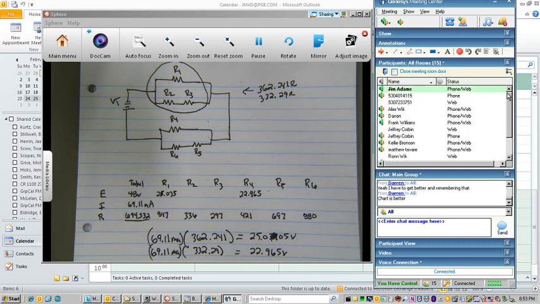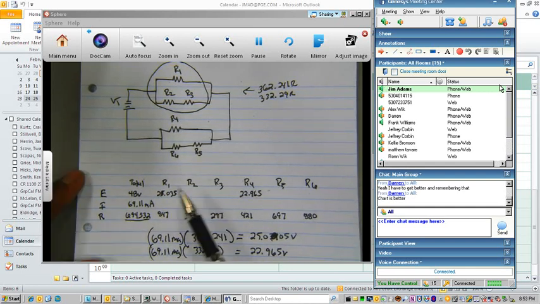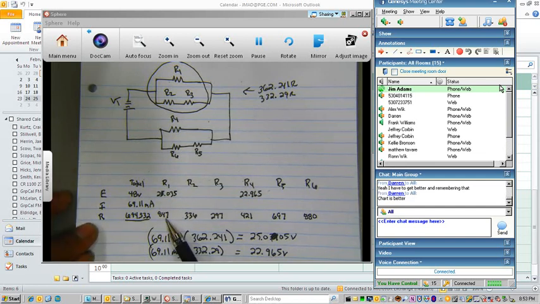So it's going to see 22.965 volts, which means R4, the voltage across him is 22.965. Are you guys still following me? And did I lose anybody yet?